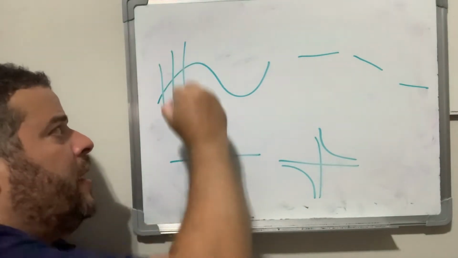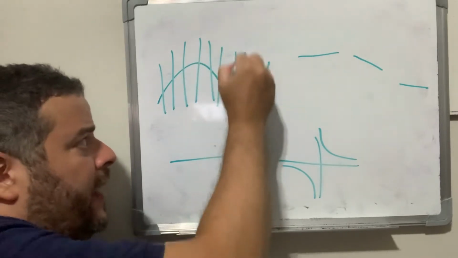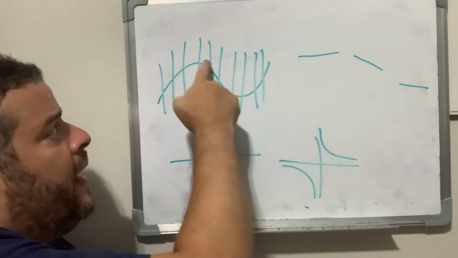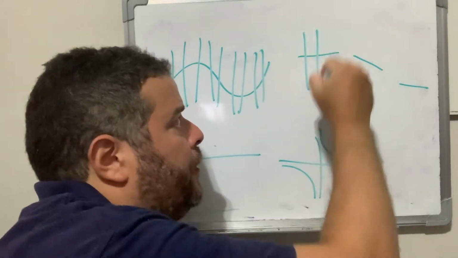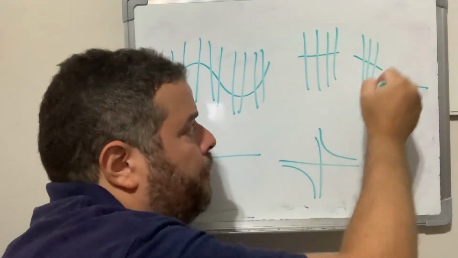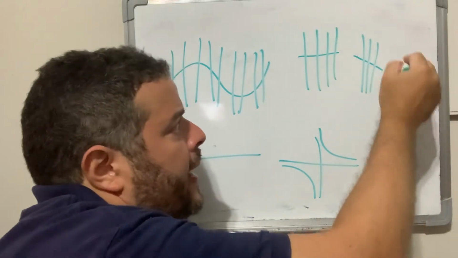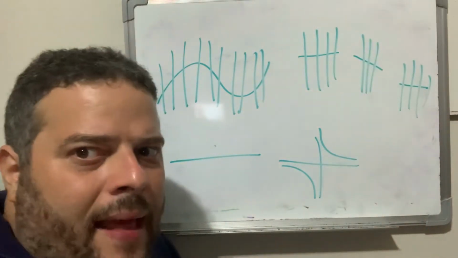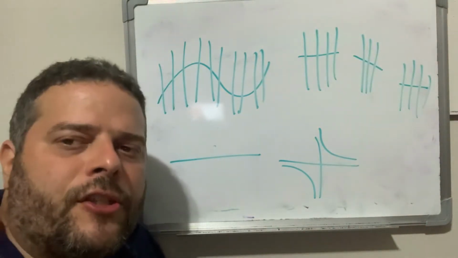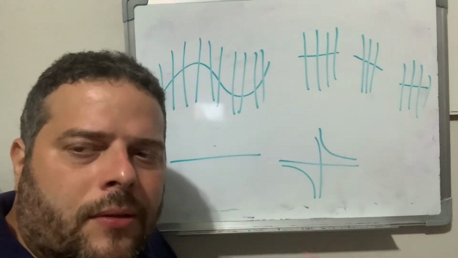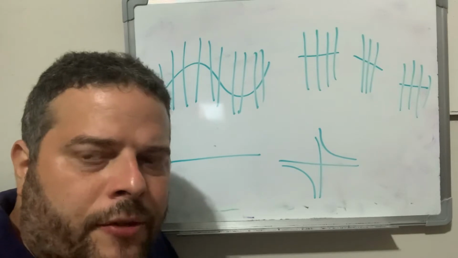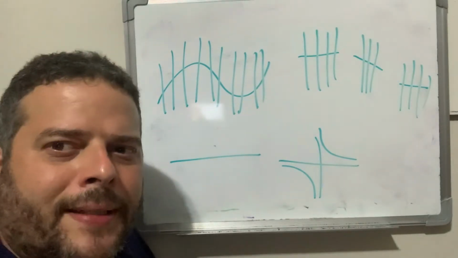So for example, here, if I just draw multiple vertical lines, you can see that these vertical lines only touch my graph once. Here, if I draw vertical lines, they only touch the graph once. Teacher, but there are some gaps there. Doesn't matter. That has nothing to do with whether you're looking at a function or not. If the vertical lines only touch once, you're looking at a function. Nothing else matters. Awesome.